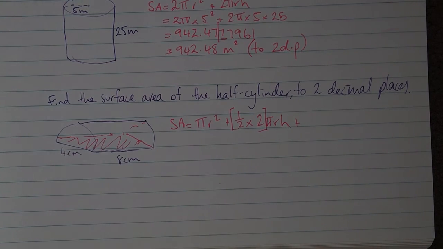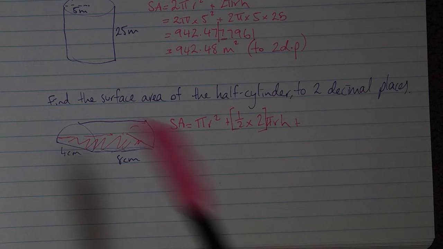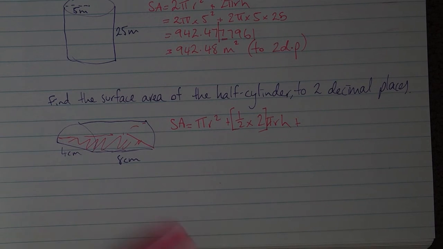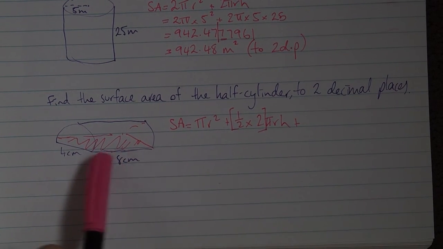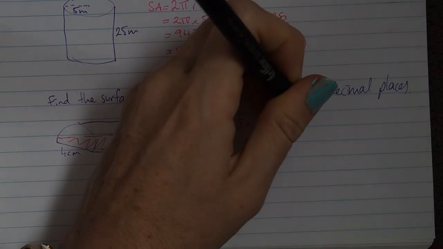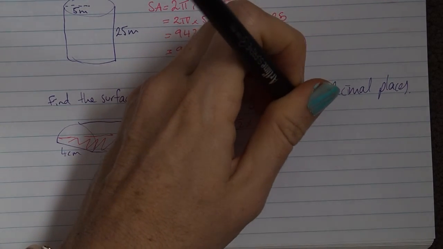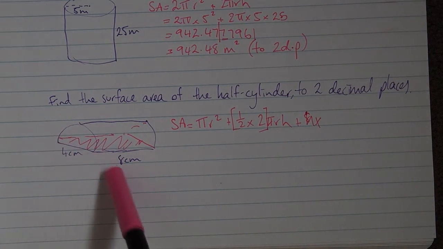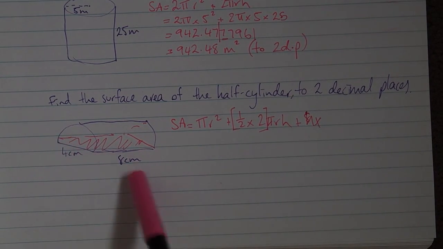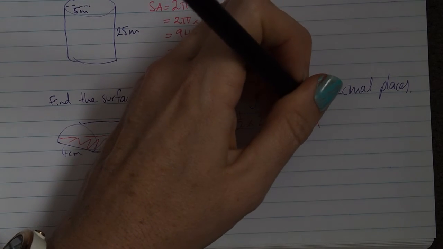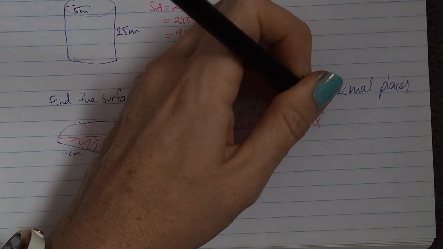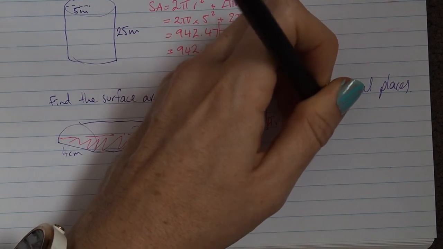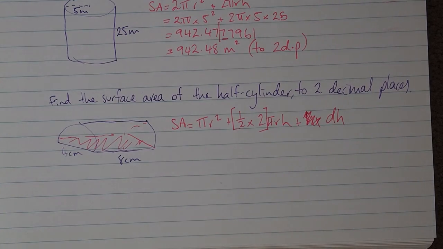Plus my rectangle on the bottom, which if I'm using my terms from my cylinder, my length is actually the height of my prism, which is 8. Oh, sorry, our height multiplied by the breadth of the rectangle, which is actually the diameter of the circle. So I'm just going to call that d h.